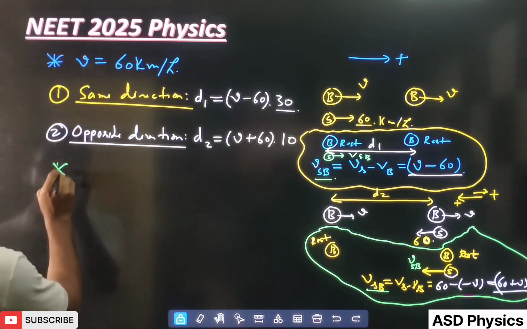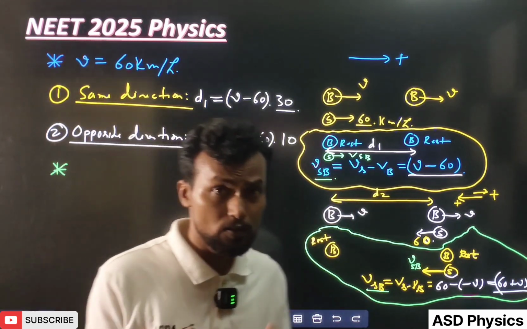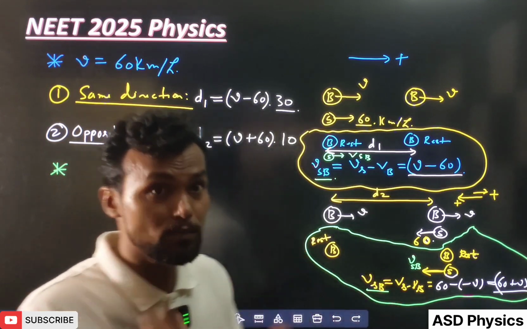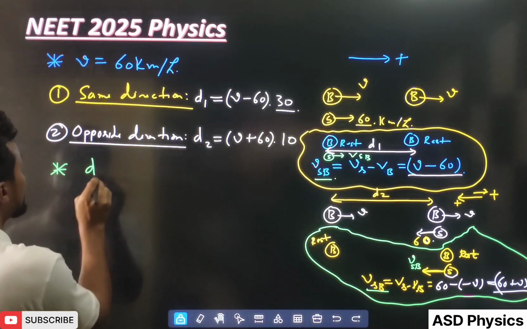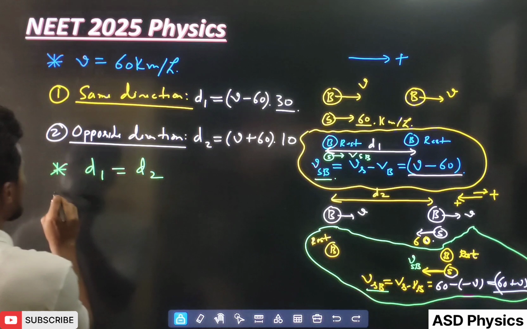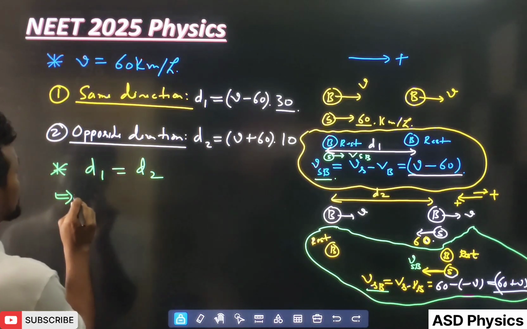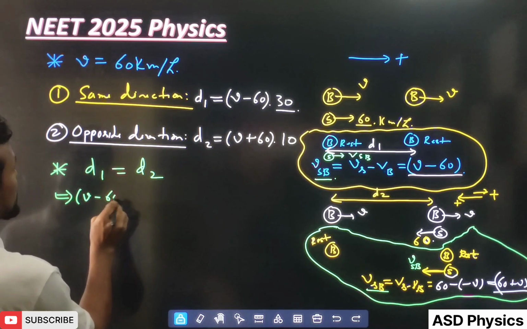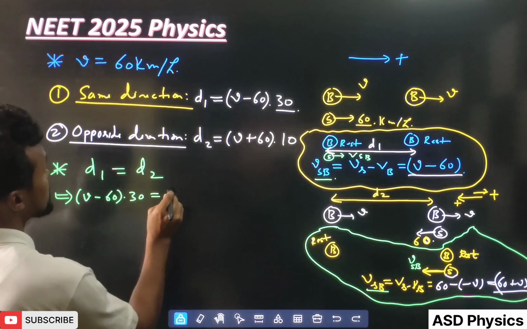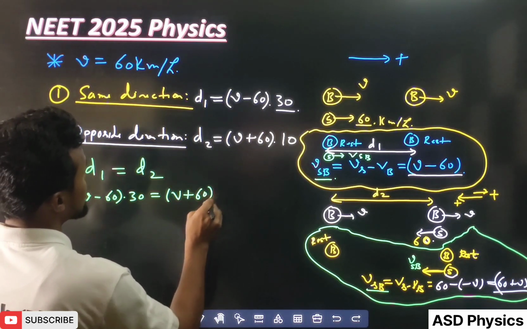Now, as you know, buses go at regular time intervals, which means the distance between the buses is fixed. So d1 equals d2. d1 is V minus 60 into 30, equal to V plus 60 into 10.